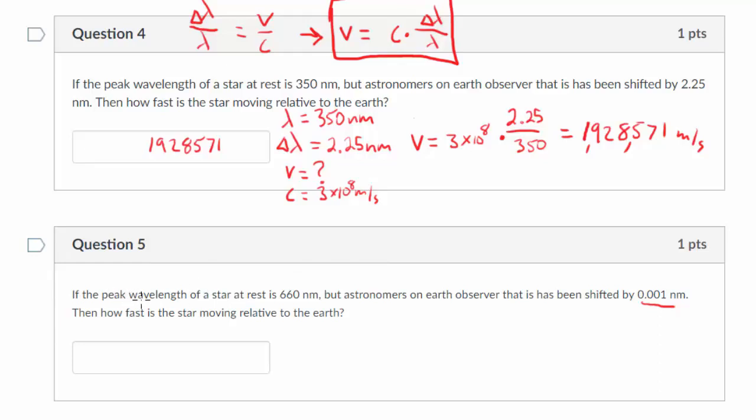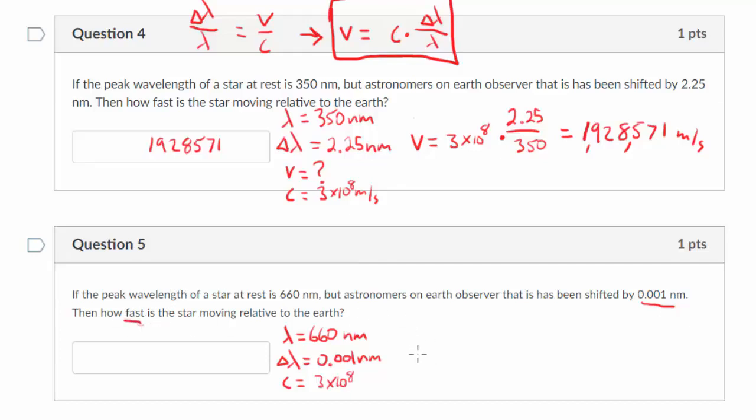Okay, so this problem is saying the peak wavelength of a star at rest is 660 nanometers. So that's our lambda. Astronomers on Earth observe that it has been shifted by, so delta lambda is 0.001 nanometers. And again, our speed of light is 3 times 10 to the 8. So again, I can use this rearranged version to solve for the speed, because it's asking how fast is it moving.